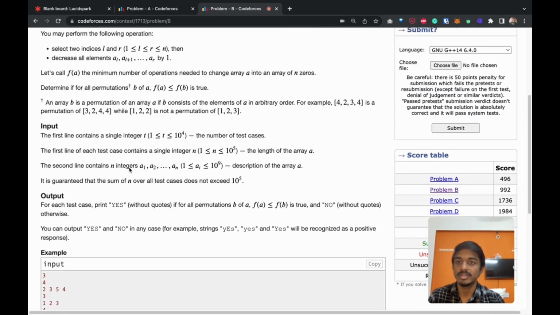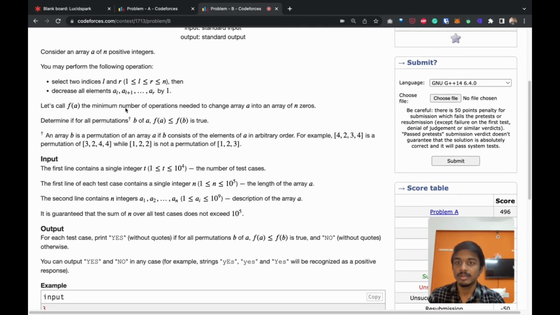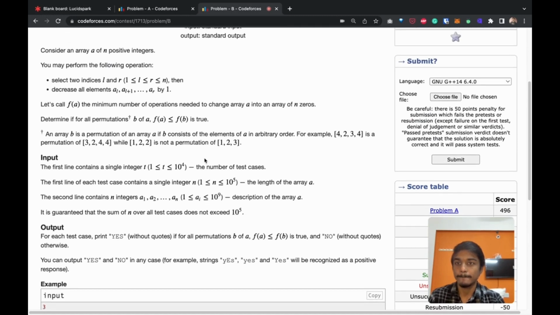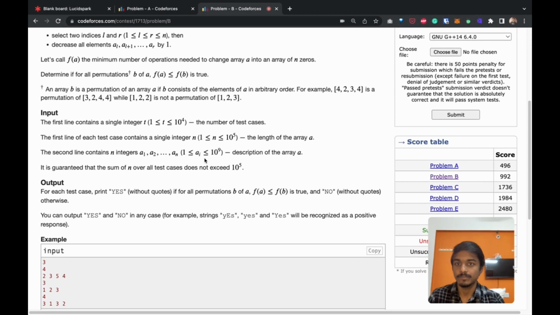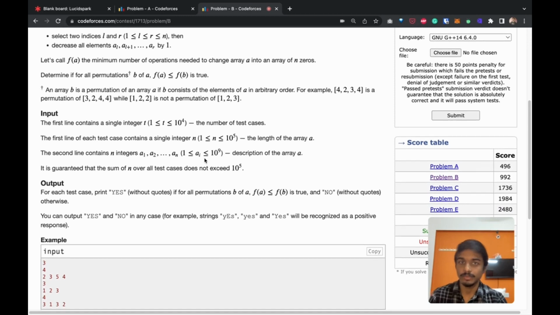Is this a subarray, right? They told subarray. Okay. To an array of n zeros.